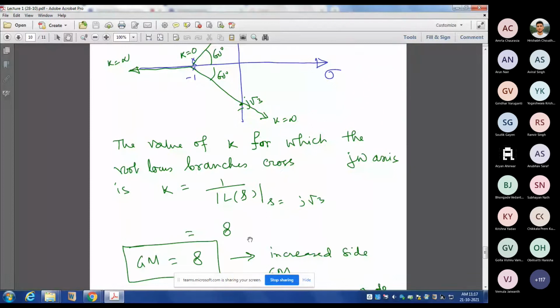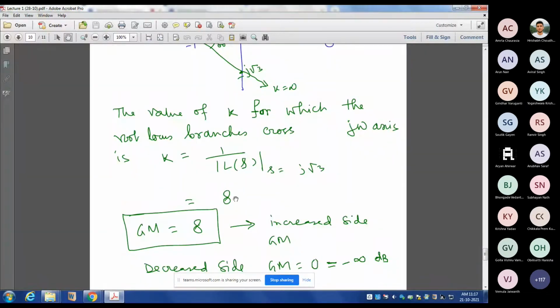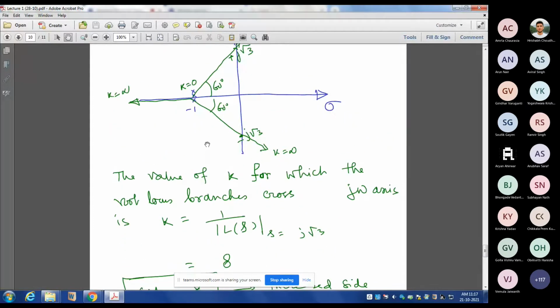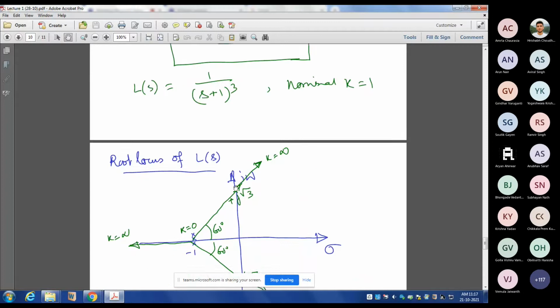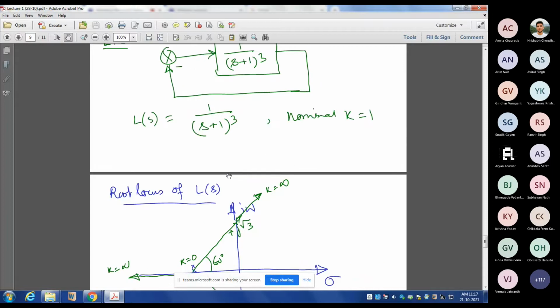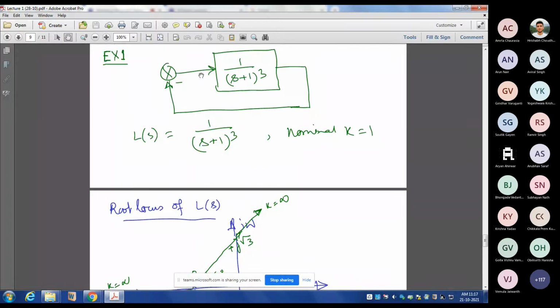You can easily say that here the positive side gain margin is 8. Positive side gain margin means your nominal gain is 1. Suppose you have added a gain block here with k equal to 1. Now if you increase k to 1, 2, 3, 4, up to 8, then what will happen?